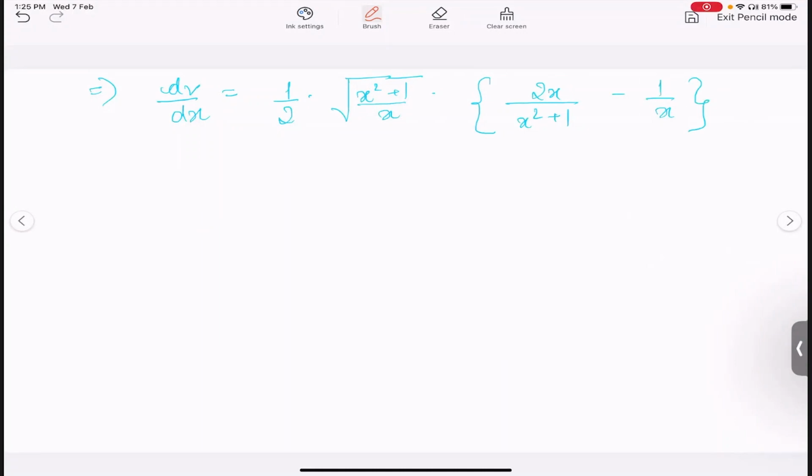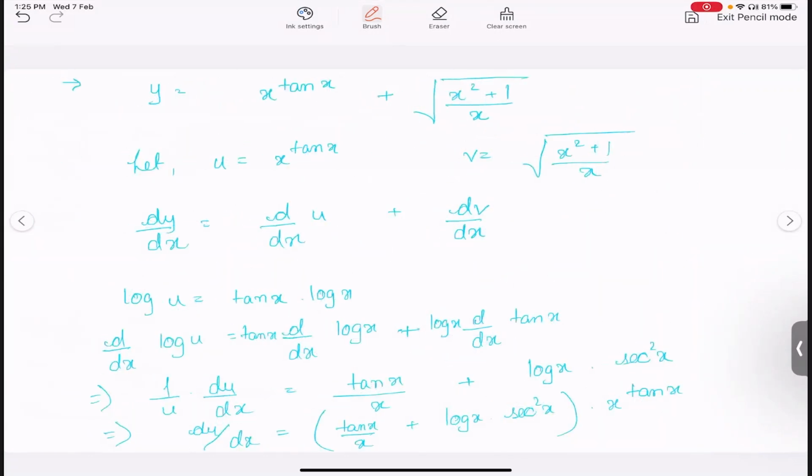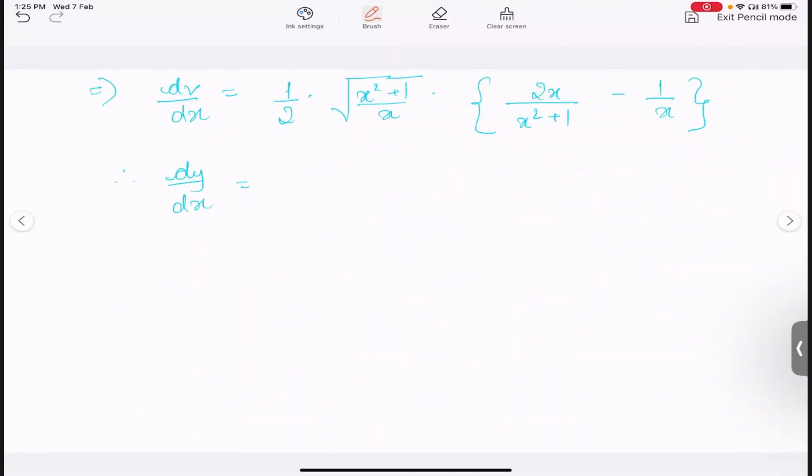Now what we are supposed to do, we have to add both the parts. So therefore dy by dx will be equal to this thing 1 plus 2.